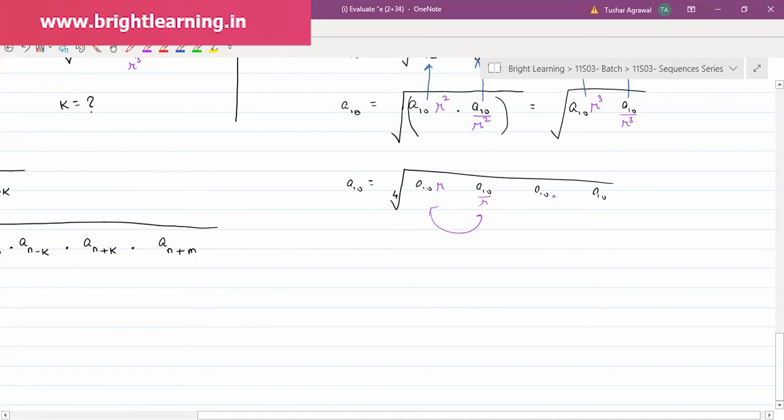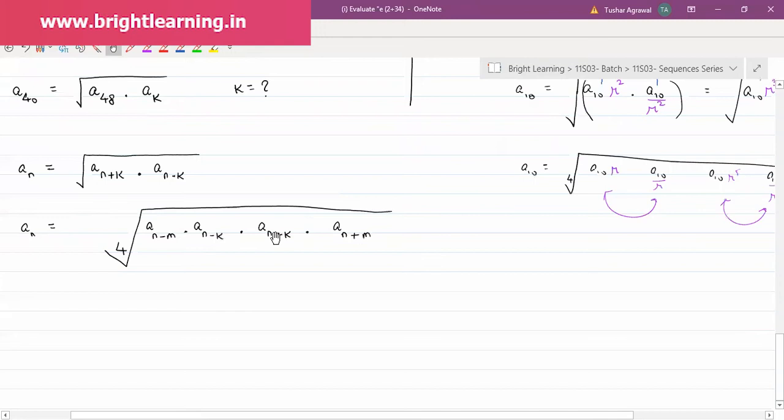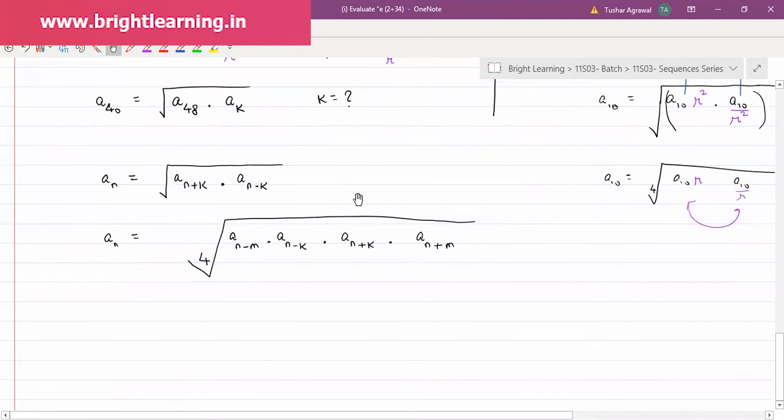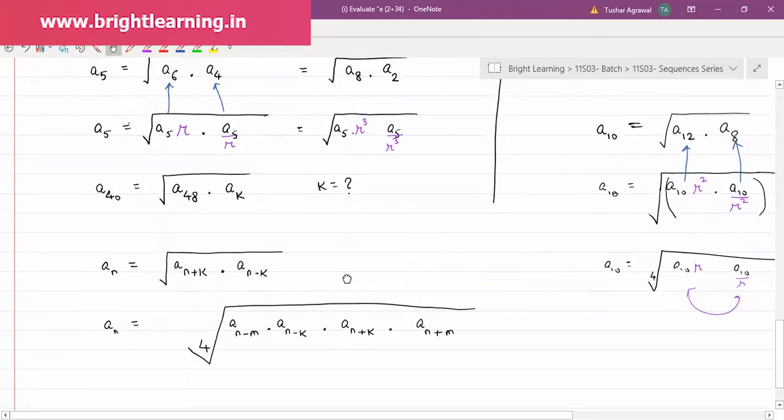Into, let's say, R raised to 5 upon R raised to 5, these two numbers are brothers of each other. They form a pair, the 15th term and the 5th term. Something like that. N plus K, N minus K, these two are brothers. N plus M, N minus M, these two are brothers. Okay. Done?